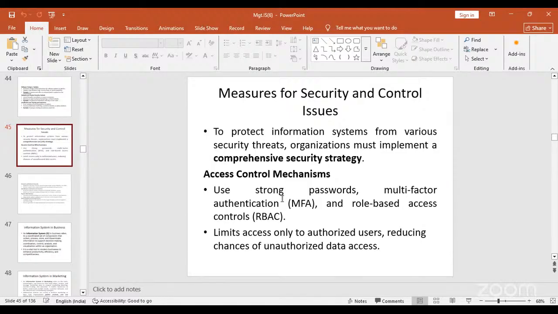Each employee puts his finger, eye or face, retina checkup, etc., to enter the database, to show that he or she is an authenticated user or employee of the organization. Otherwise, it will not give him access. So that is multi-factor authentication, not a single factor. Single factor is user ID and password, but multi-factor is more than one authentication.